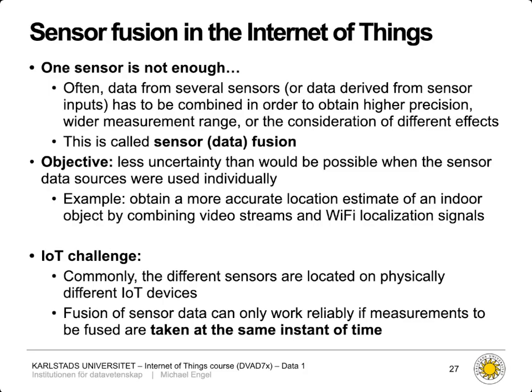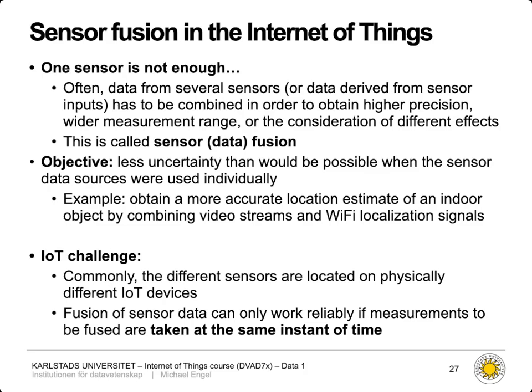One example would be to obtain a more accurate location estimate if we're indoors somewhere in a building. You can do this by using Wi-Fi localization signals, triangulating signal strengths between your Wi-Fi access points distributed throughout your buildings, and additionally use a camera stream to figure out where you're going, how fast you're moving, and so on.